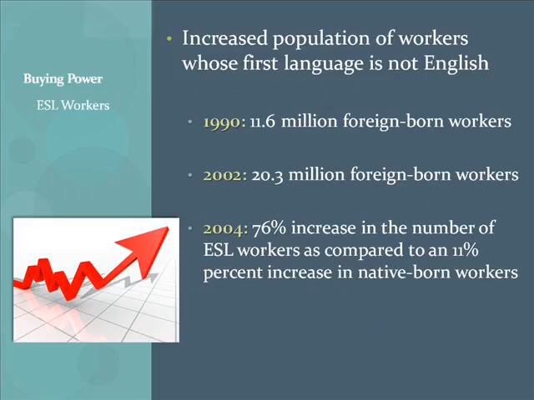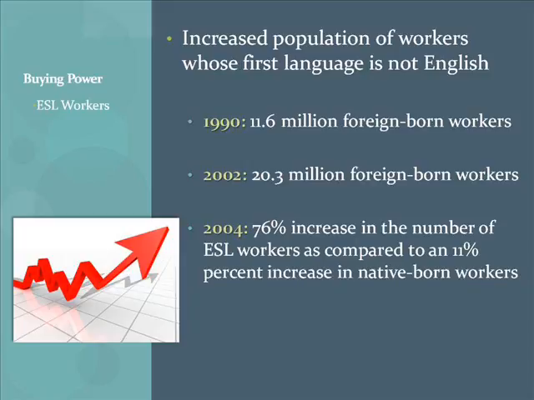In terms of the power of the buyer, globalization makes it much easier to obtain ESL workers, as well as providing an inexpensive way to recruit them. The United States workplace is increasingly populated with workers whose first language is not English. According to the 1990 U.S. Census, 11.6 million foreign workers make up 9% of the total labor force, composed of 123.5 million.